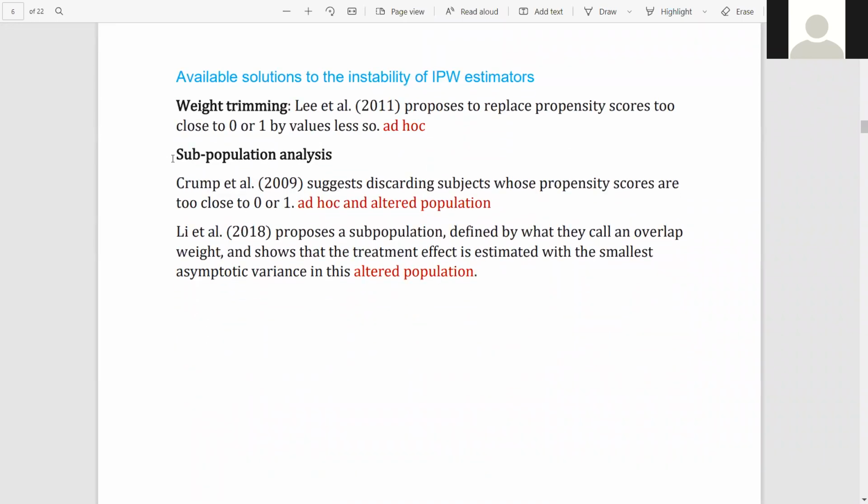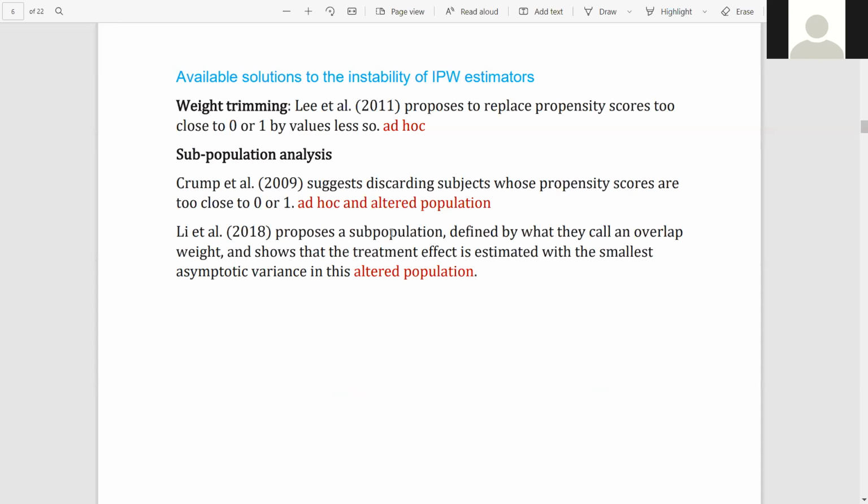Another approach is subpopulation analysis. One way is just to discard subjects whose propensity scores are too close to 0 or 1. The problem with this is, one, it's ad hoc, and another, it's an altered population. You're no longer estimating the treatment effect on the original population. Then we have this paper by Li, a JASA paper, which is in fact pretty interesting.